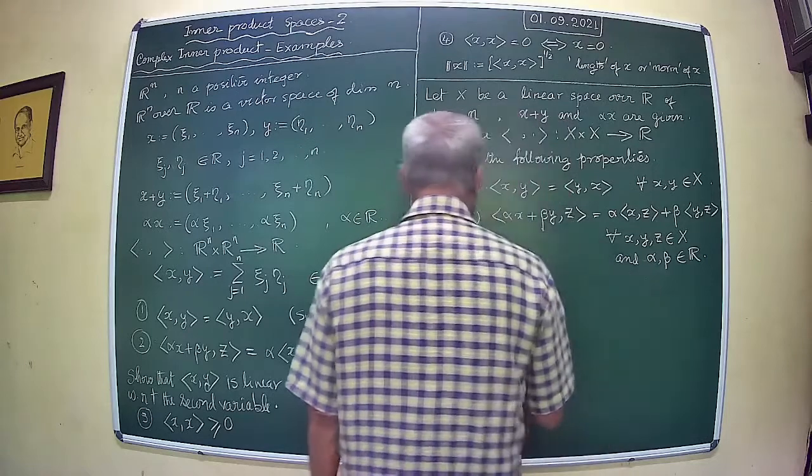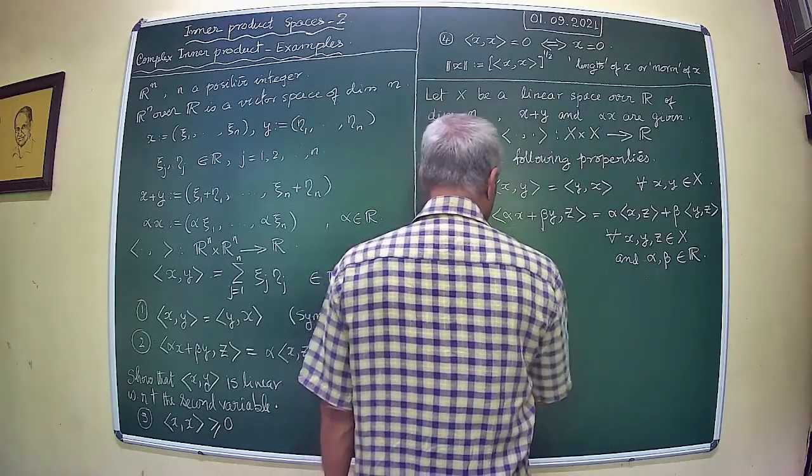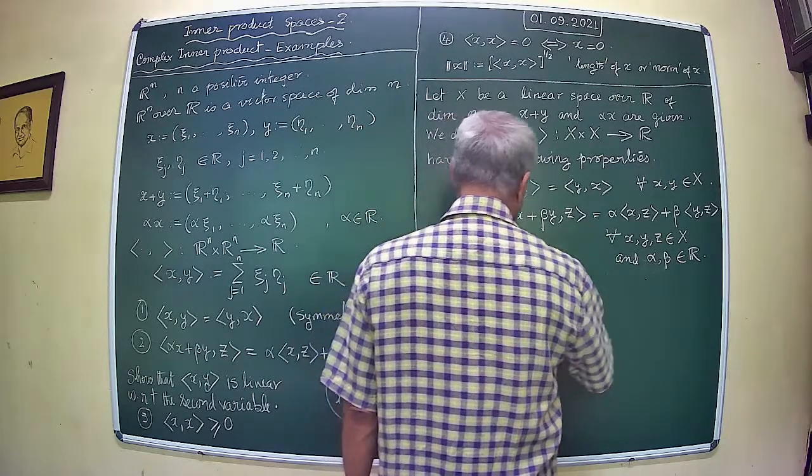So one can prove the following, that is 2 prime, x alpha x.